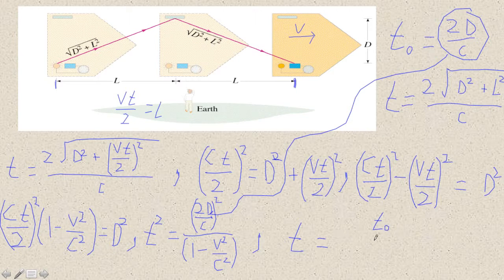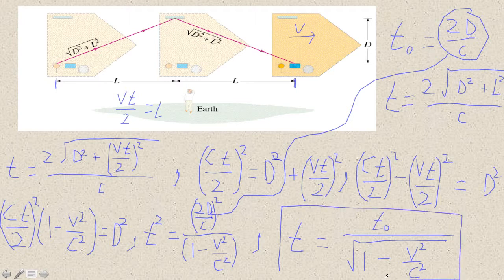I'm substituting that in for that, all over the square root of 1 minus v squared over c squared. Thank you for putting up with my very slow bamboo pen. Why is it being so slow? It's faster on my MacBook. Maybe I need to reinstall the driver or something like that. I just don't know. All right, so there it is, right? It's t equals t sub zero over the square root of 1 minus v squared over c squared.